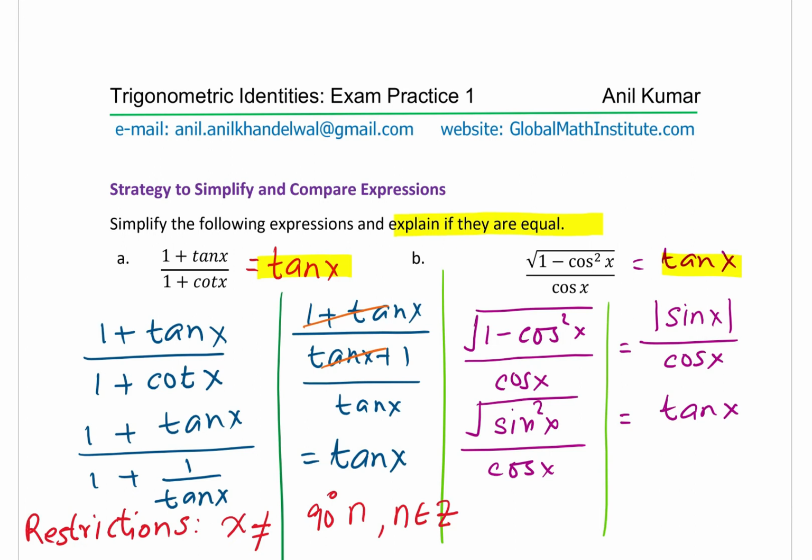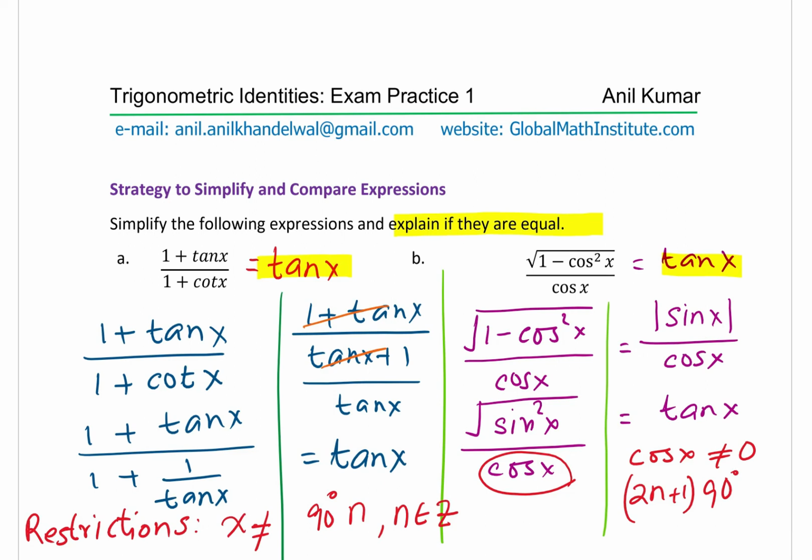Since either tan x will be infinitely large or cotangent will be infinitely large, we cannot use those values. Now in the other case, we have only cos x in the denominator. So cos x is not equal to 0. You cannot divide by 0. Therefore, in this case cos x is 0 at odd multiples of 90 degrees, so it is (2n plus 1) times 90 degrees, which are the restrictions.